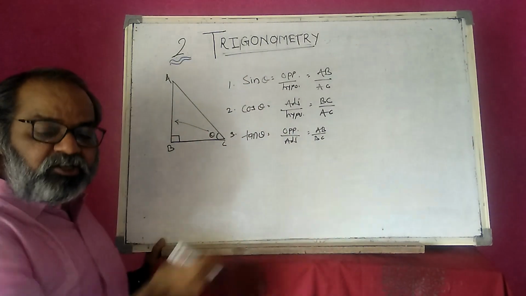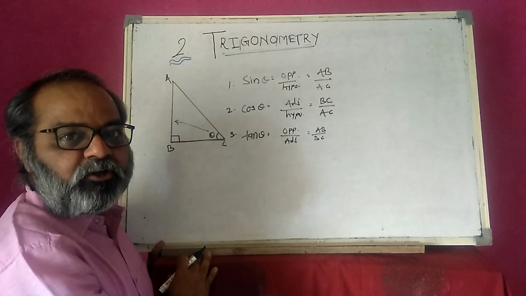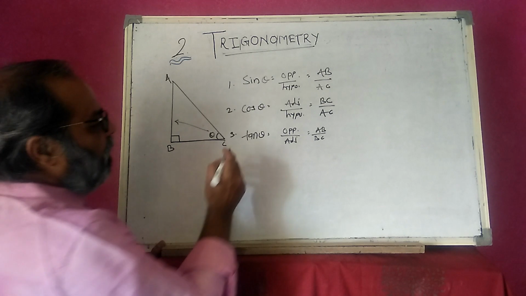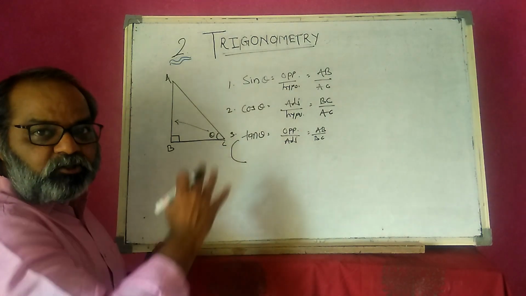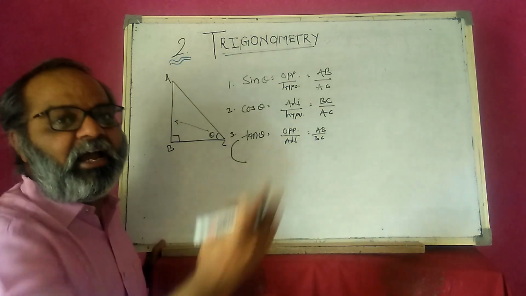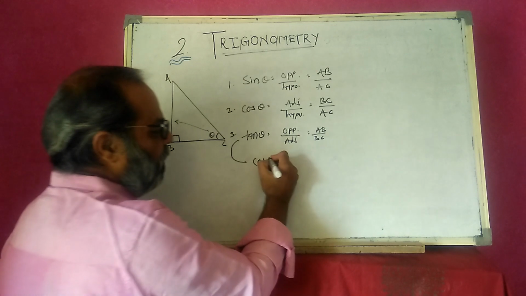And there are three additional ratios which act as the reciprocal, the inverse, of these ratios. I take the inverse of tan theta. It is cotangent, referred to as cot theta.